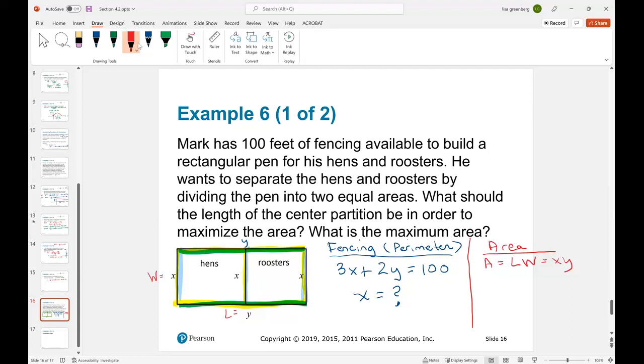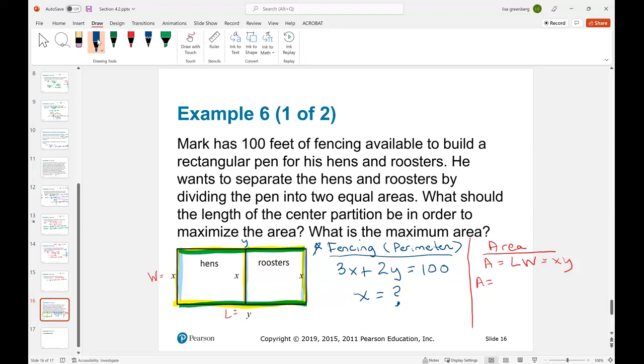So, okay, we're getting closer, but I know that A equals X times Y. That's not really helpful, right? So what do I do? Well, let's solve this first equation for Y, okay?